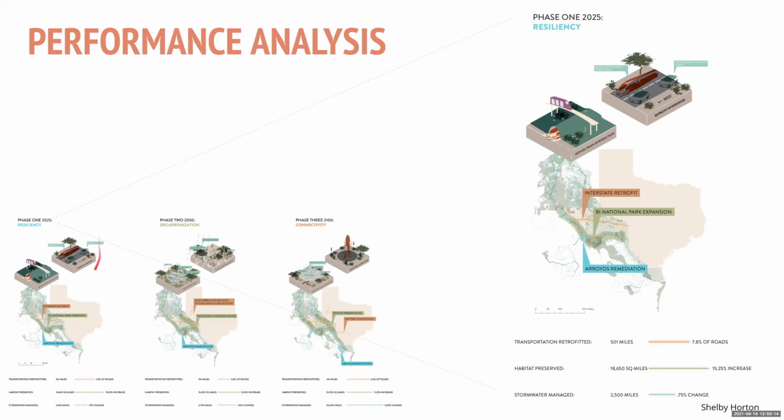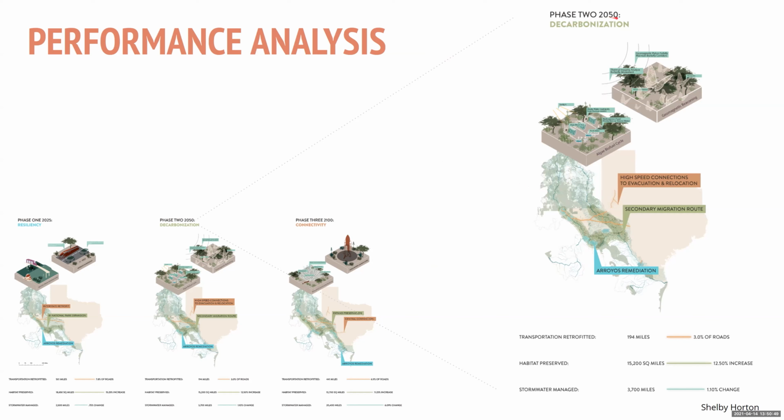So for the performance analysis of our design program, we'll get into it in more detail within the other two tasks, but for the first phase for resiliency, where we're implementing a lot of our Orioles and transportation changes, we retrofit about 7.8% of the existing roads in the Rio Grande watershed, and we're managing about 2,500 miles of Orioles, which I guess I should have pointed at the big one over here, my bad.